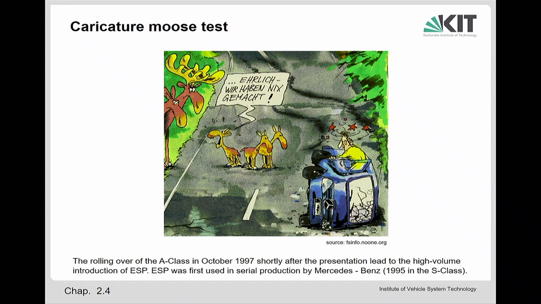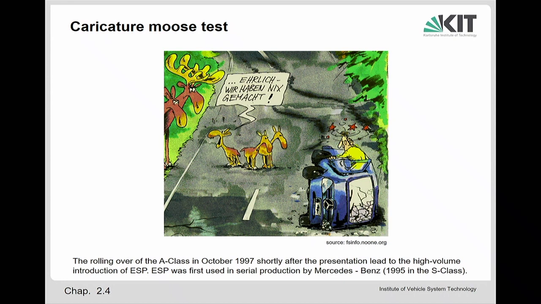But in this moment, it was necessary to do it vice versa, to start with the smallest car of all cars produced by this company. And so this was the start of the ESP system, to introduce it super quick into the market, because if the smallest, cheapest car of the company is equipped with this superior safety feature, all other cars also need to be equipped, otherwise it is not accepted in the market anymore.